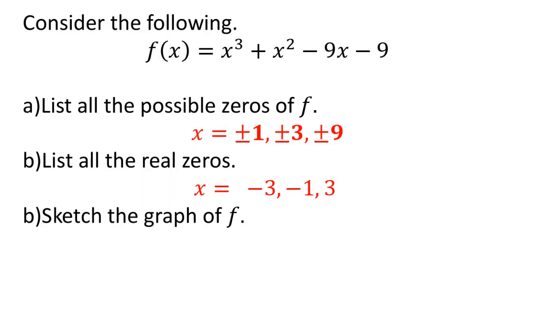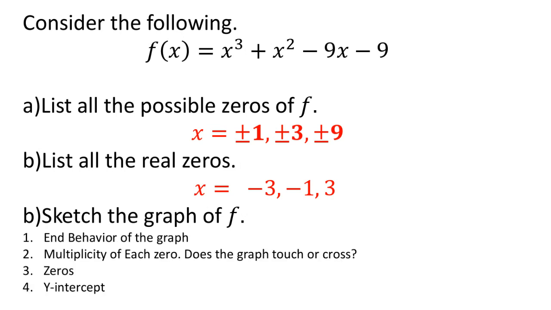All right. So if we wanted to now sketch the graph, we have all the tools to go ahead and do that. We have our zeros, and we want to make a checklist to get an accurate graph.